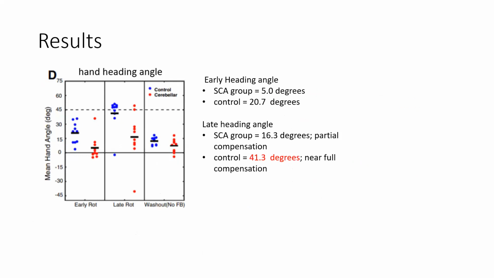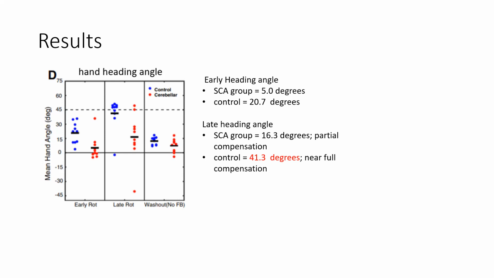As we can see in figure D, early in the rotation block, the SEA group lagged behind the control group in compensating for the visual rotation, with the SEA group changing their hand angle by only 5 degrees versus the 20.7 degrees for the control group.